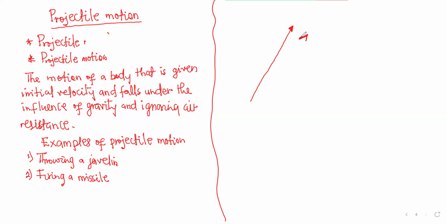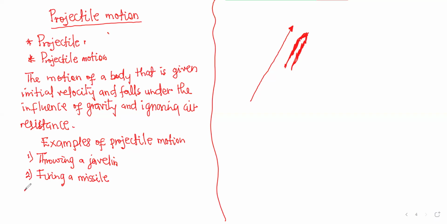If you've seen a missile fired by a cannon, these missiles, whether by cannon or by automatic gun, have a very pointed edge. That is to cut through the air to avoid air resistance. So firing a missile also falls under projectile motion.